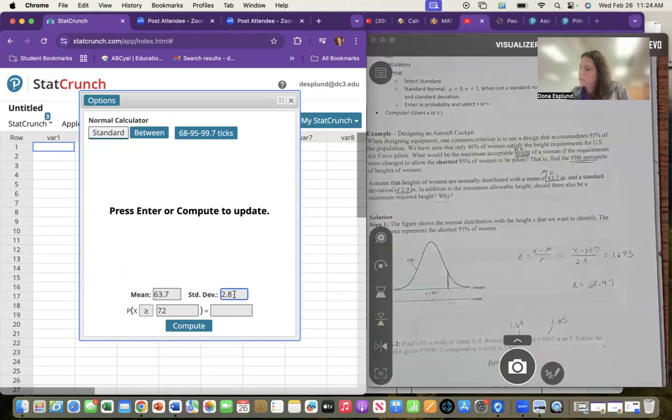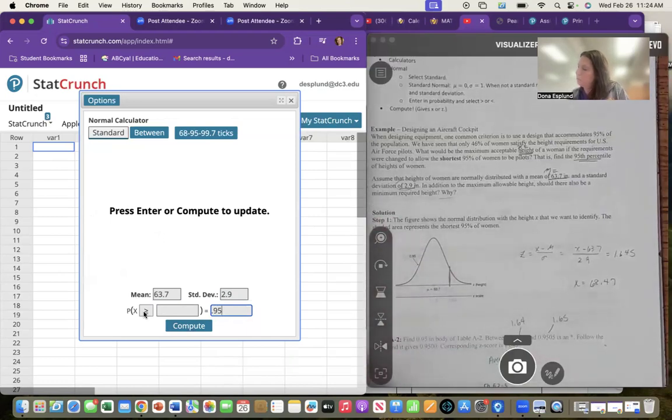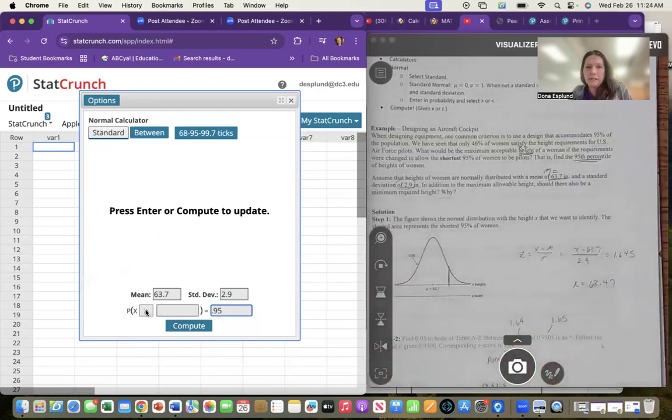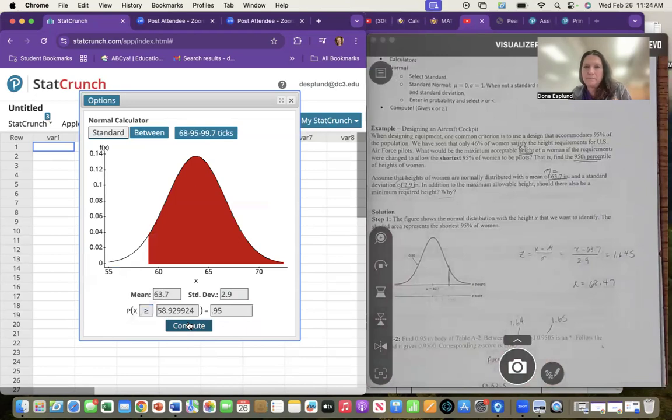I'm going to have a standard deviation of 2.9. And again, my probability is going to be 0.95. And because they want to know where that amount is, I'm just going to keep my greater than sign, and I'm asking it to compute.